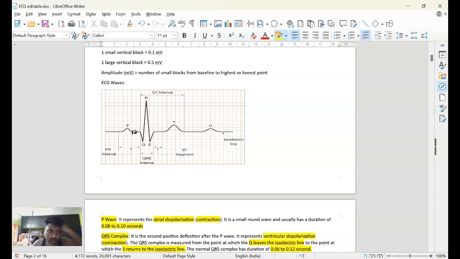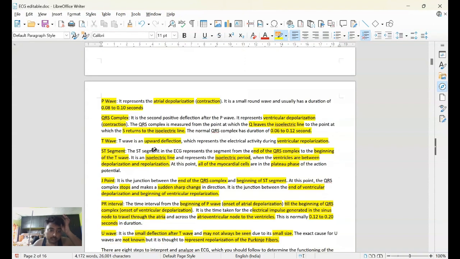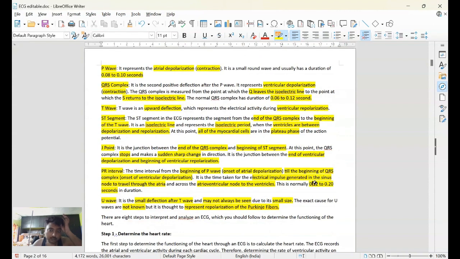This is atrial depolarization, or contraction, and then ventricular contraction. The QRS complex takes 0.06 to 0.12 seconds. The PR interval, from atrial contraction to ventricular contraction, takes 0.12 to 0.20 seconds.